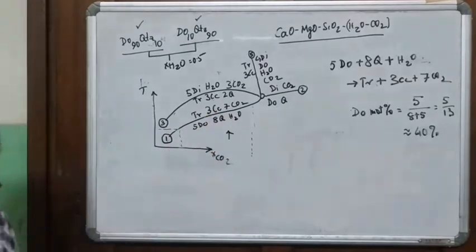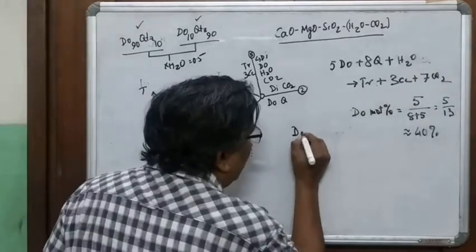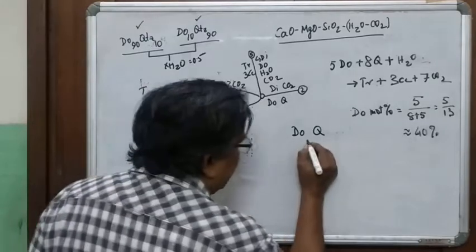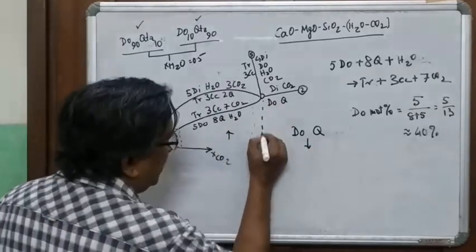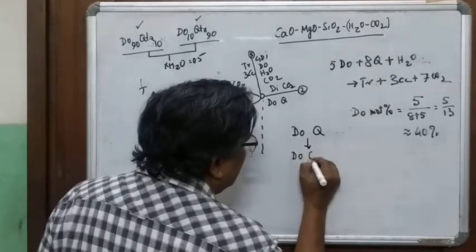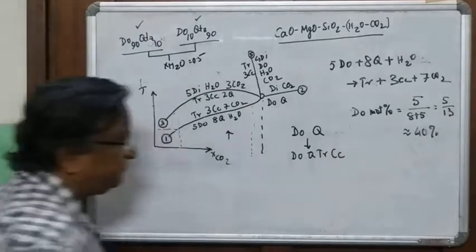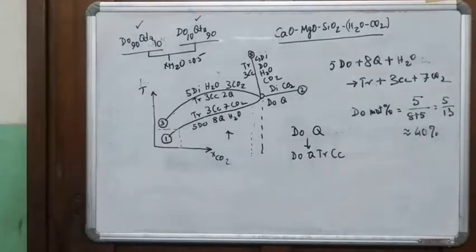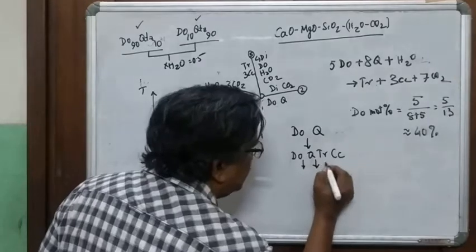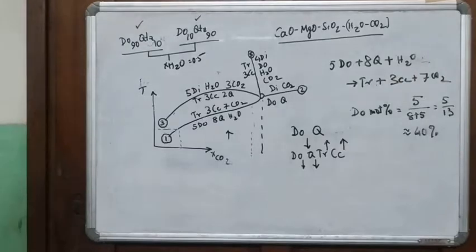And so from the assemblage dolomite quartz, you will have the assemblage at points below this on this side. You will have dolomite, quartz, tremolite, calcite, in which dolomite will be consumed, quartz will be consumed, tremolite will be produced, calcite will be produced.